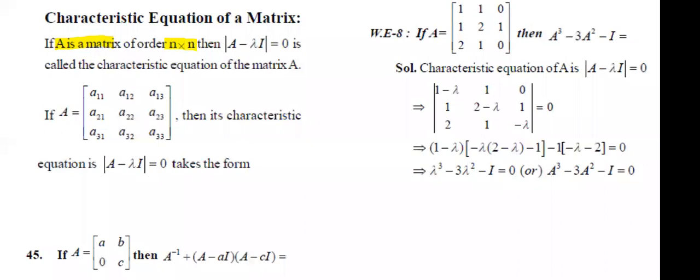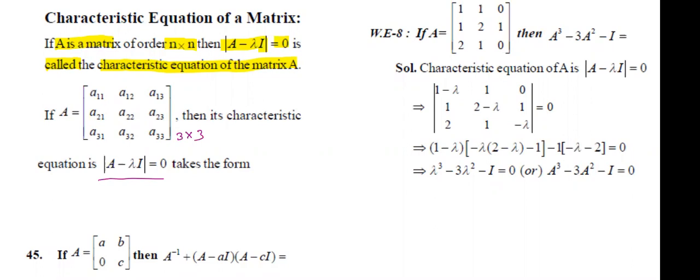If A is a square matrix, then det(A minus lambda I) equals 0 is called the characteristic equation of the matrix A. So here, take A as a 3 by 3 matrix, then its characteristic equation is det(A minus lambda I) equals 0.